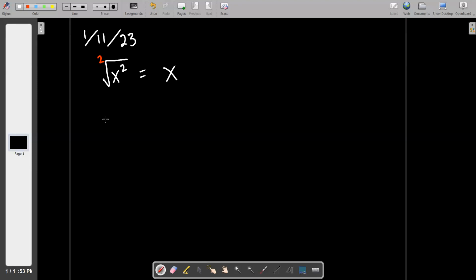What would be the next power of x that would be square rootable? Yes, you're a good listener. If I had x to the fourth, once again, we're rooting.